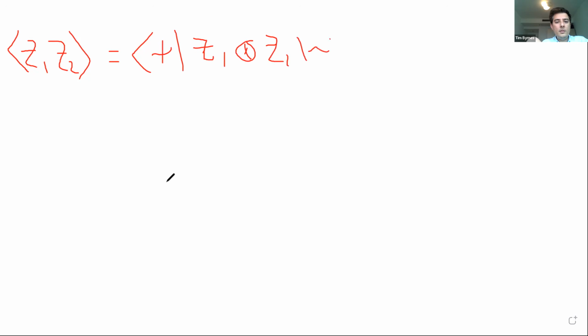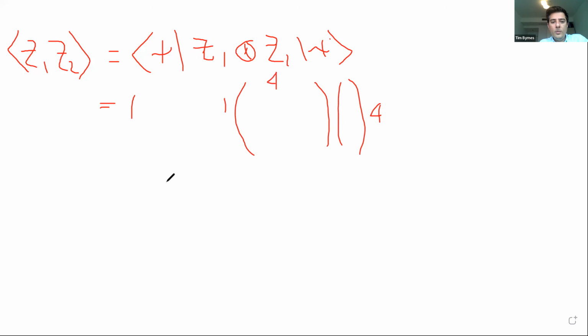This thing is basically a row vector times a matrix times a vector. In this example, this is a four-dimensional vector, this is a 4x4 matrix, and this is a four-dimensional row vector. So that's basically what we're doing.